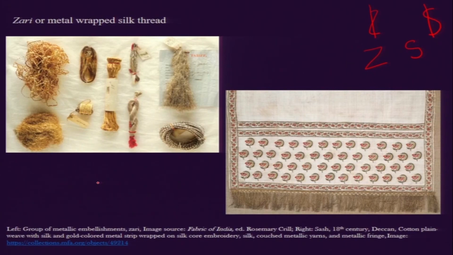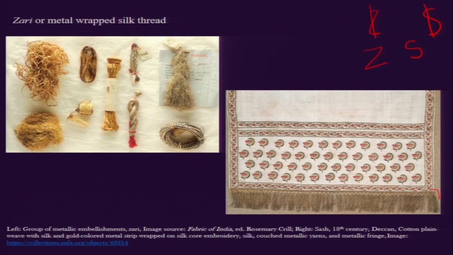So there is cotton plain weave in the body, but the embroidery is done with silk yarn and also the zari yarn, with gold colored metal strips, and those are all employed for making the embroidery. Now we also find the metallic fringes, which are attached at the end of this fabric.